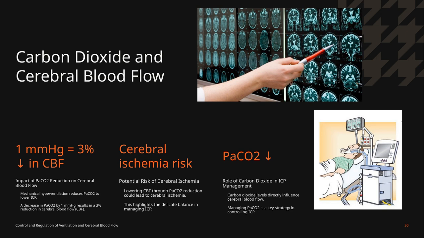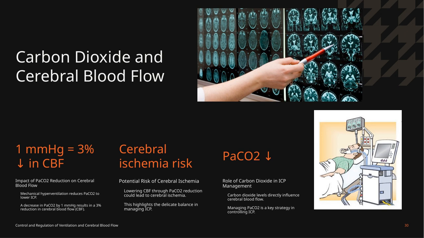This relationship is significant because it highlights how sensitive the brain's blood supply is to changes in CO2 levels. Clinically, we often use mechanical hyperventilation to lower PaCO2, which in turn helps reduce ICP. But there's a catch: if we reduce PaCO2 too much, we risk decreasing cerebral blood flow excessively, leading to cerebral ischemia or inadequate blood supply to brain tissue.